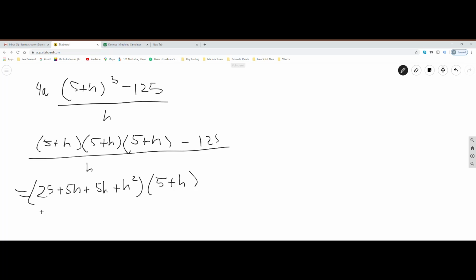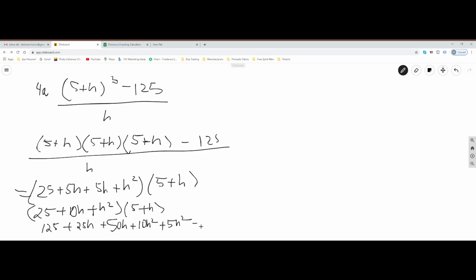So now let's simplify this a little bit further. 25 plus 10h plus h squared, times 5 plus h. 25 times 5 is 125, plus 25h, plus 50h, plus 10h squared, plus 5h squared, plus h cubed, over h.